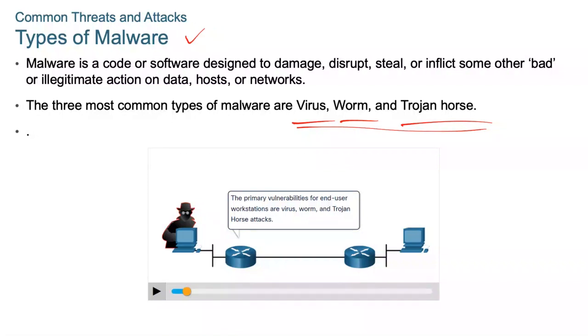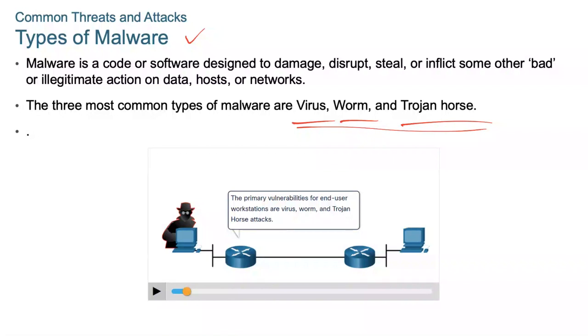For example, when someone connects an interface like a USB or CD to their PC, the virus will enter their personal computer. The virus may then infect a new USB drive and spread it to a new personal computer.